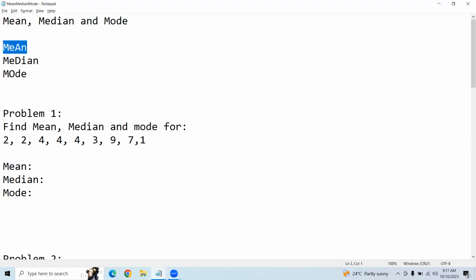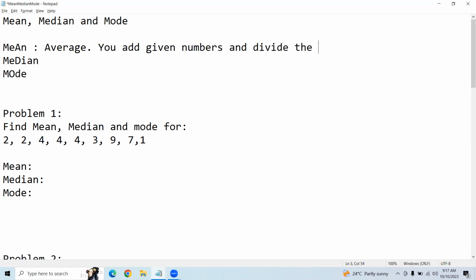The spelling is still MEAN, but we write the A as a capital. The reason is that whenever you have to calculate the mean, you have to calculate the average. You know what average is: you add the given numbers and divide by the number of values that you added.